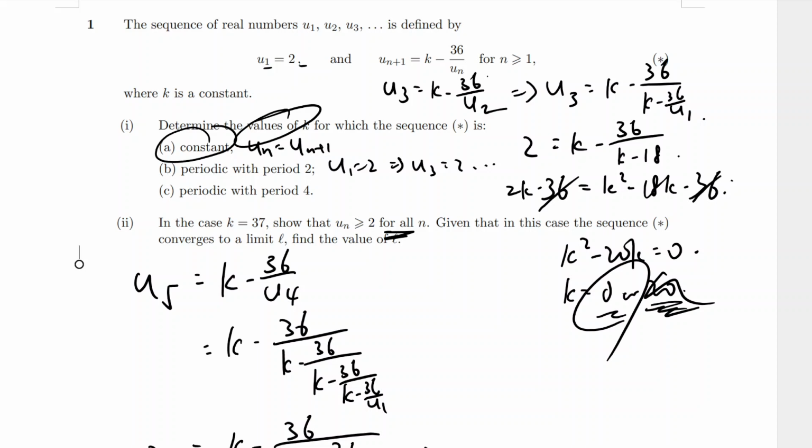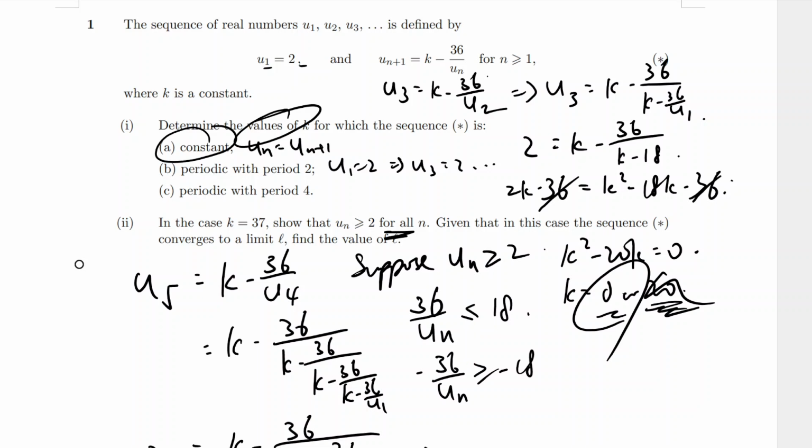Now we do the induction step. Suppose u_n is greater than or equal to 2. Then we know that 36 over u_n is less than or equal to 18, just by dividing 36 on both sides. Now I take a negative of that: it's greater than or equal to minus 18.